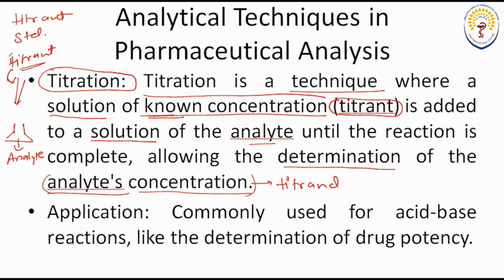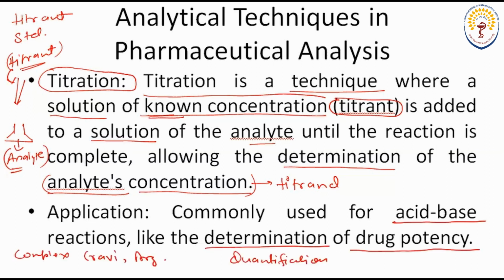So let's repeat this again: the titrant is something whose concentration is known, and the analyte is something whose concentration has to be determined with the help of the titrant. We are performing a reaction between titrant and analyte, and that way we are trying to know the concentration of the analyte. This process is known as titration.